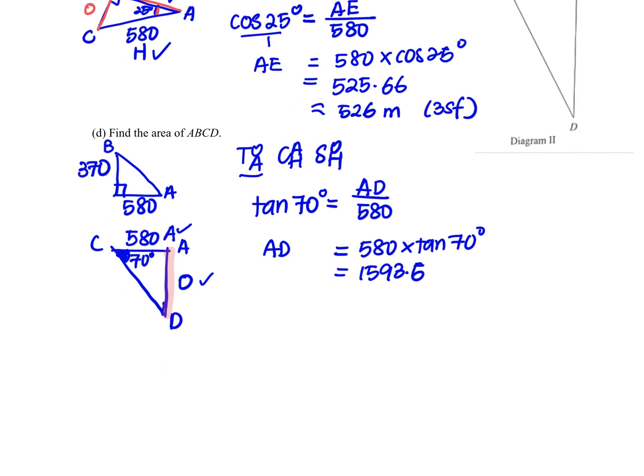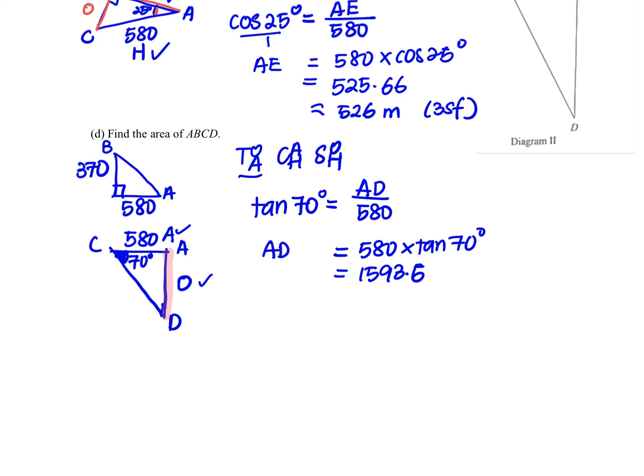So now I want to find the area. I should find the area of each triangle. So area of ABCD is made out of the area of two triangles. The first one, half times base times height. So half times 580 times 370.